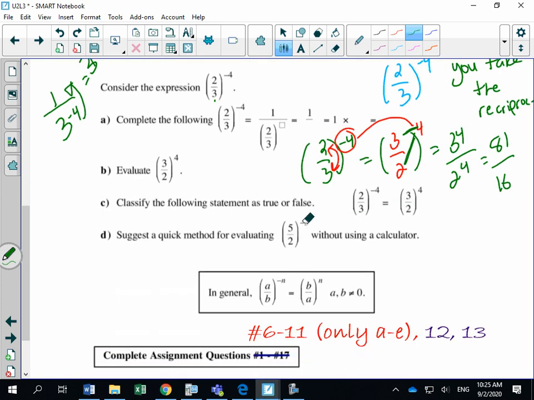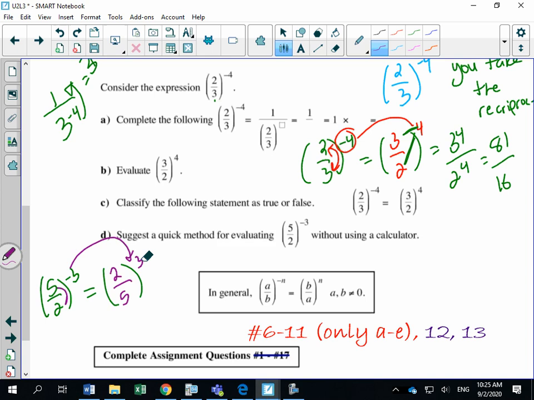Okay? So again, let's do this one here. So 5 over 2 to the power of negative 3. So let's write that down. In order to go from a negative 3 to a positive 3, if it's a fraction, we only do this with fractions, you're going to take the reciprocal. So that's going to be 2 over 5. And as soon as you take the reciprocal, that negative 3 becomes positive 3.